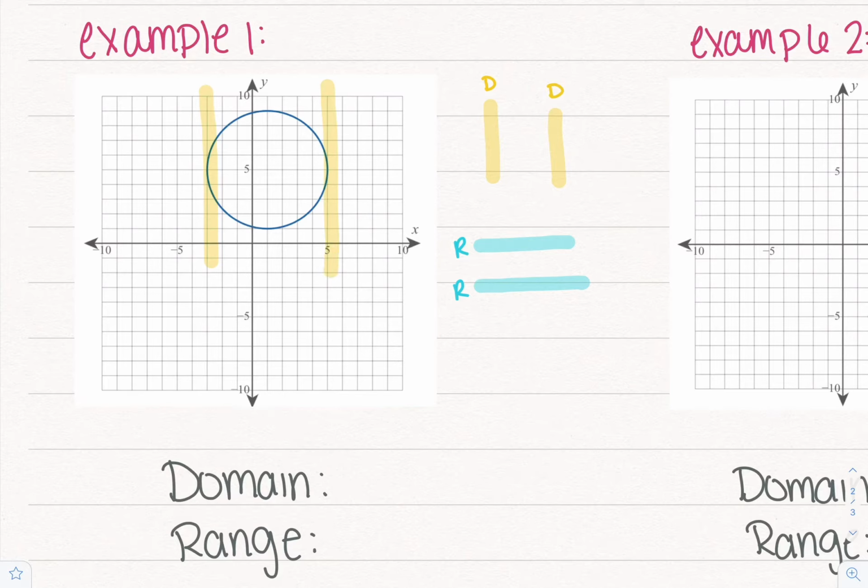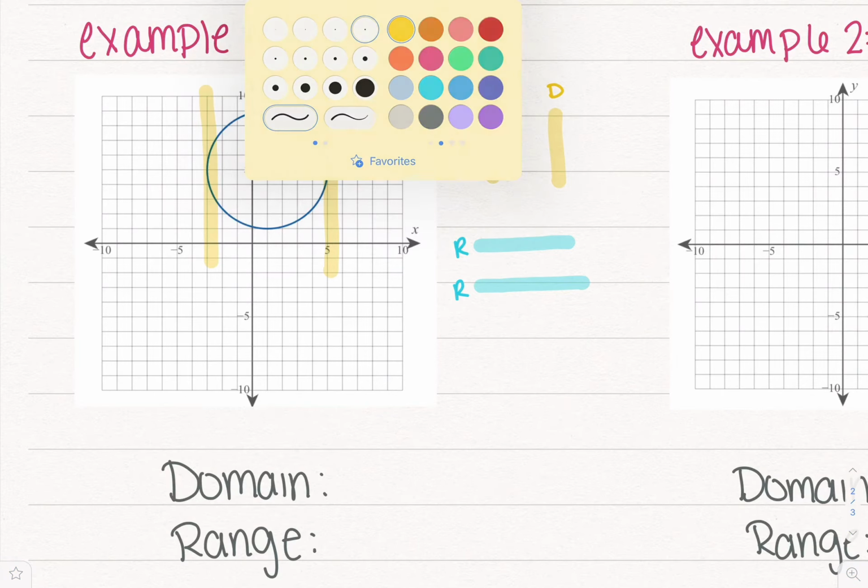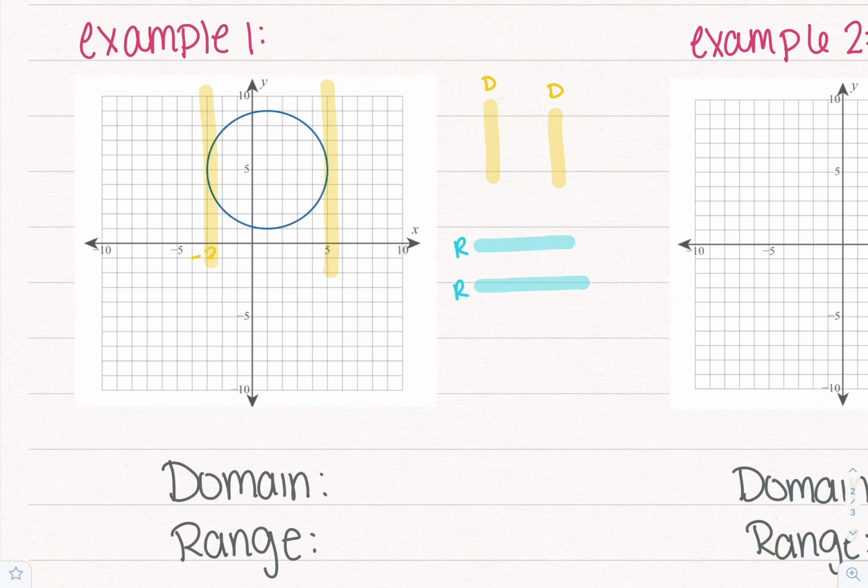So I have those 2 strips of paper, or popsicle sticks, literally sitting in that exact spot as my highlighted area. On the x-axis, that is the spot -3 all the way to the spot 5. And so my domain is going to be -3 to 5.